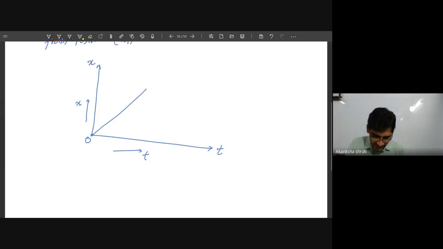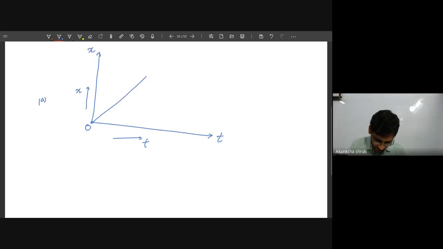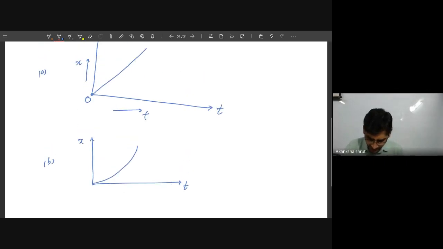It need not be a straight line. It may be some curved line, like this one. This is also possible. It need not be upward, it may be downward also, like this one.